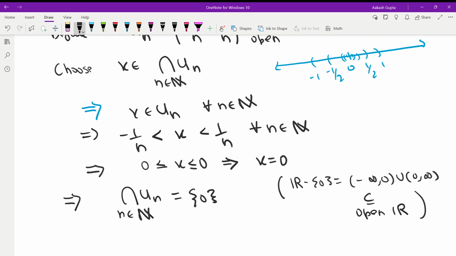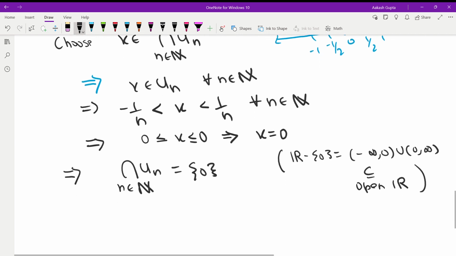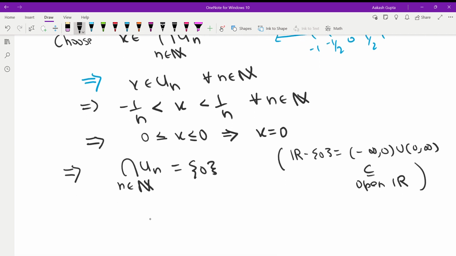But mostly, in what I will be doing today, I will not use any result from metric spaces to show something is closed or open. If I am taking a metric space, I will be using my definition only, the usual open set and closed set definition. Okay, so this is singleton 0.